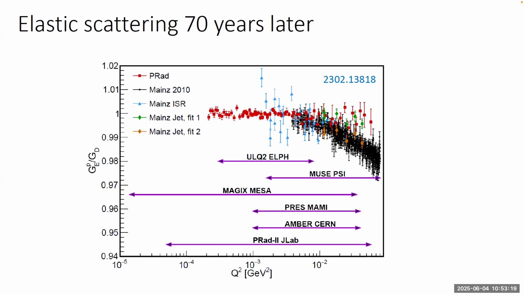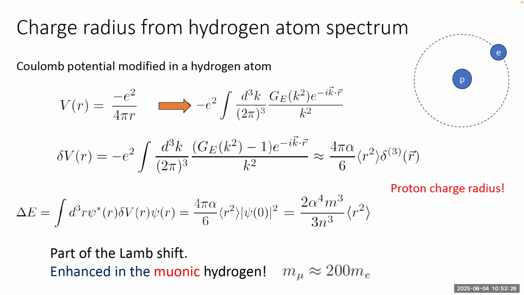Okay, so this is how you determine the radius from electron scattering, but you can also determine it in a completely different way, and I'm going to explain that by measuring the hydrogen atom spectrum. So this is the hydrogen atom. You have a proton and electron, and there is a Coulomb potential in between, right?